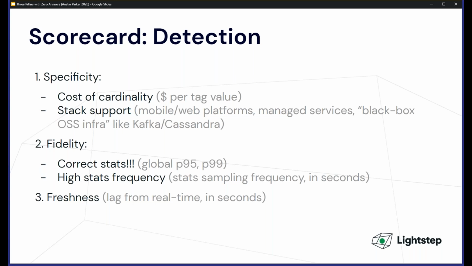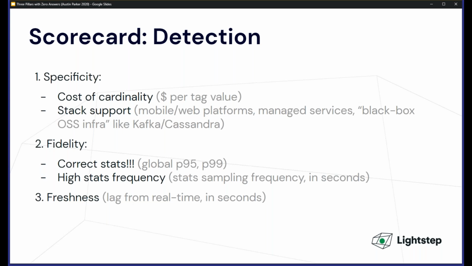And that actually goes to this last point on my scorecard here, which is the freshness of my data. So if I'm trying to fix a problem in real time or a problem that's impacting people, I want to make sure that the data I have in my observability system is pretty close to when it actually happened.